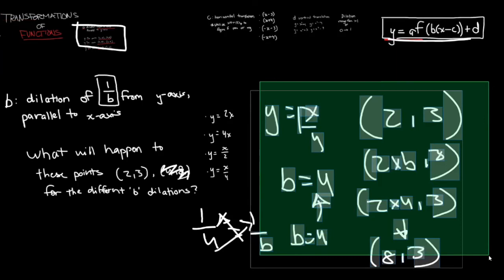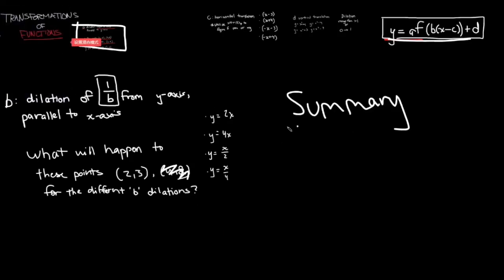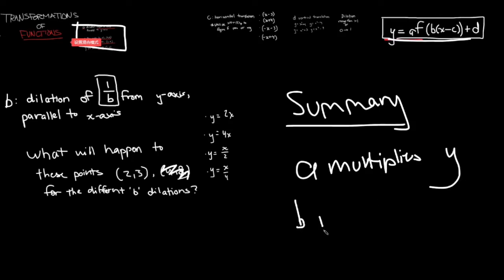So basically, in summary of a and b, these are the summaries. A multiplies with y. B multiplies with x.